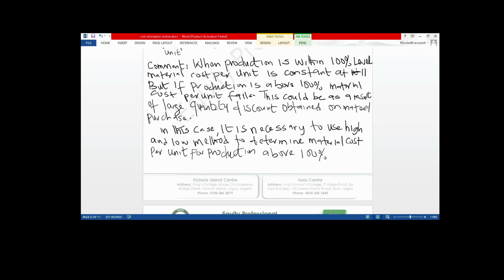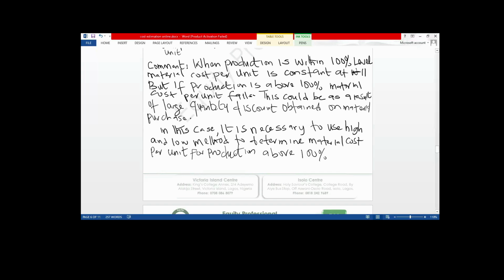Material cost per unit is constant, provided production is within 100%. But for production above 100%, the material cost per unit falls. In this case, you are going to use the high and low method to determine material cost per unit for production above 100%.